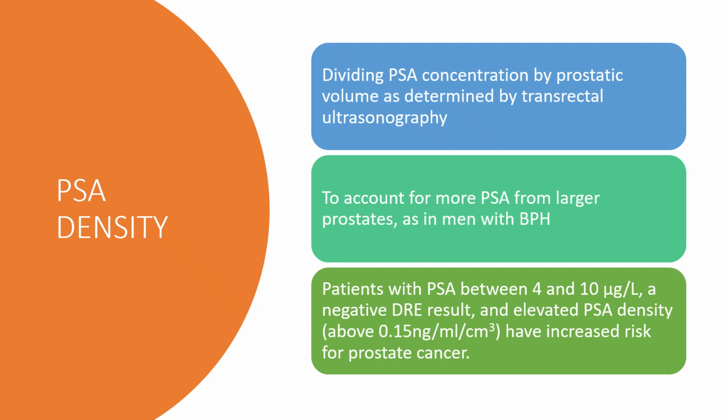So, in patients who have an apparently normal level of total PSA and a negative digital rectal examination, PSA density may be the only way to find out that they have prostate cancer, especially if the value is above 0.15 nanogram per ml per cubic centimeter.